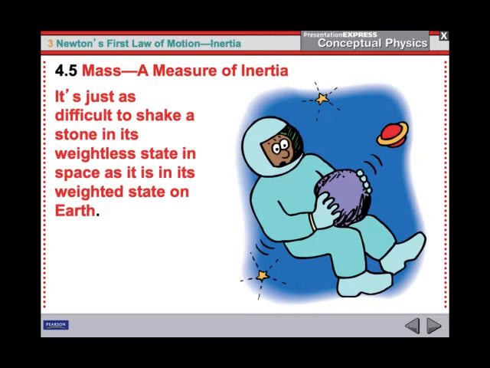It's just as difficult to shake a stone in its weightless state in space as it is on Earth, because the stone is made up of particles, and to move it you have to have a certain amount of force. You're going to have that same amount of force in space as you do on the Earth because it's still made up of the same amount of stuff.